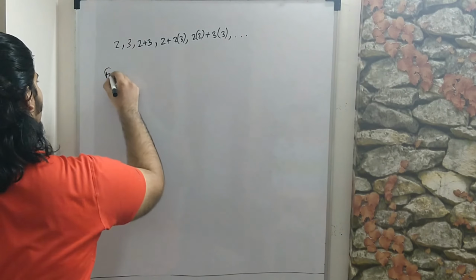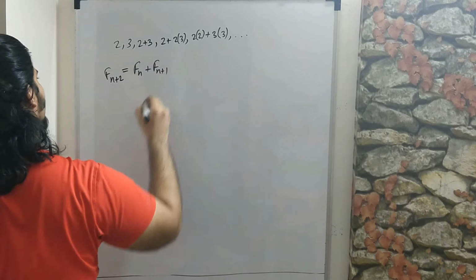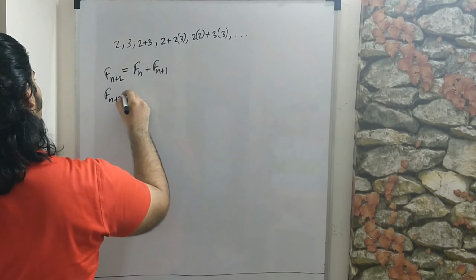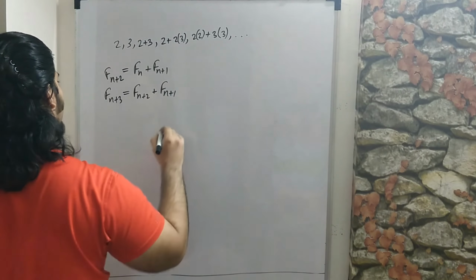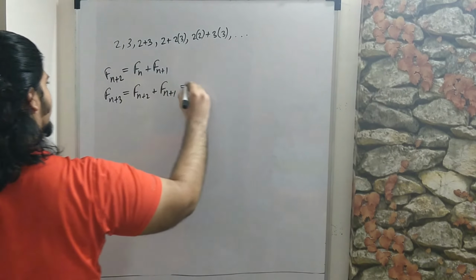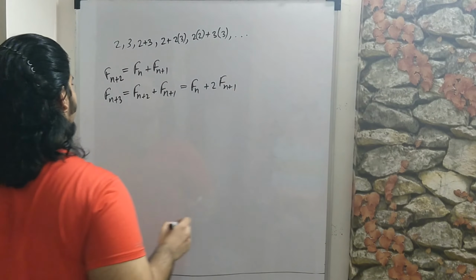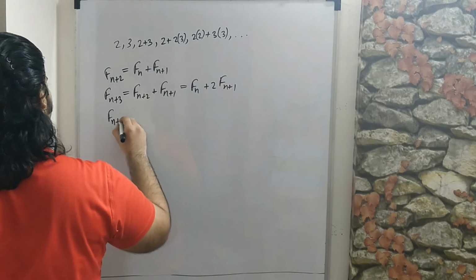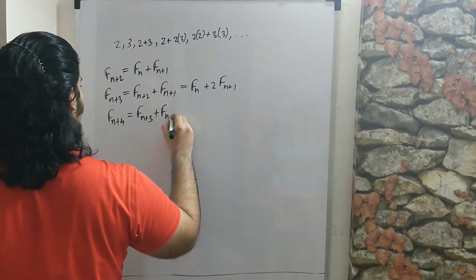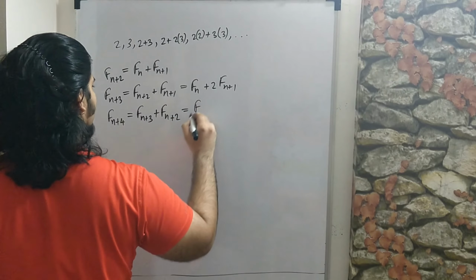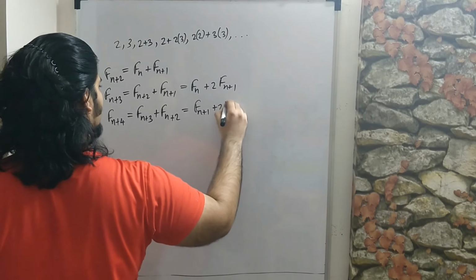So we have f_{n+2} is equal to f_{n+1}, and f_{n+3} is equal to f_{n+2} plus f_{n+1}, and I can also write that using this equation as f_n plus 2 times f_{n+1}. Similarly, f_{n+4} is f_{n+3} plus f_{n+2}, which, using this equation, is f_{n+1} plus 2 times f_{n+2}.